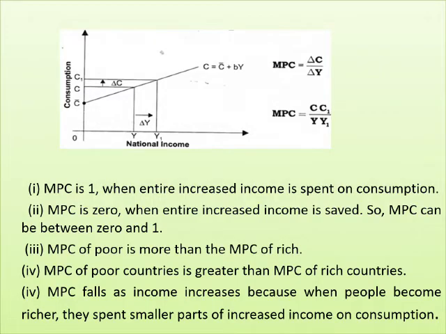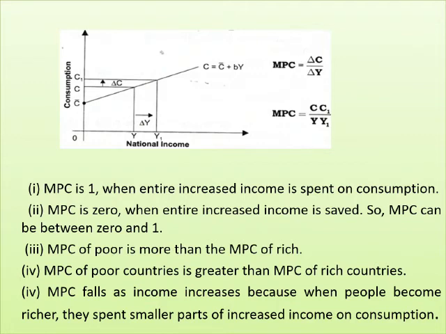Say in the diagram, linear consumption function means that every time there is a rise in income, a constant proportion of it is converted into consumption. In our example, MPC is 0.5, it means out of every additional rupee of income, 50% is spent as consumption expenditure.